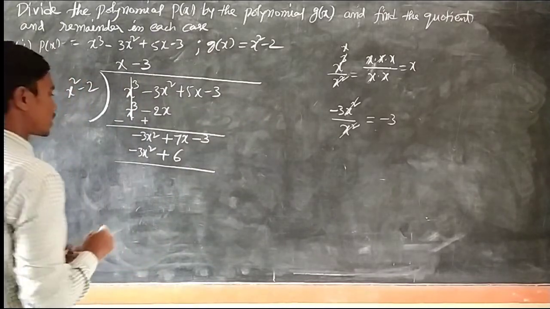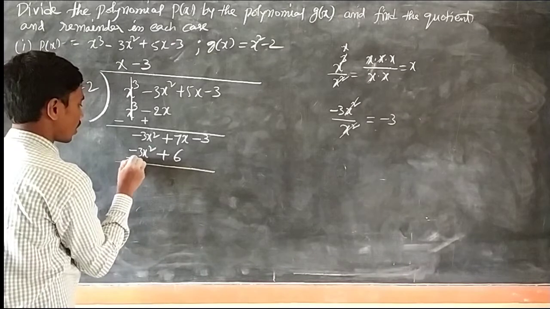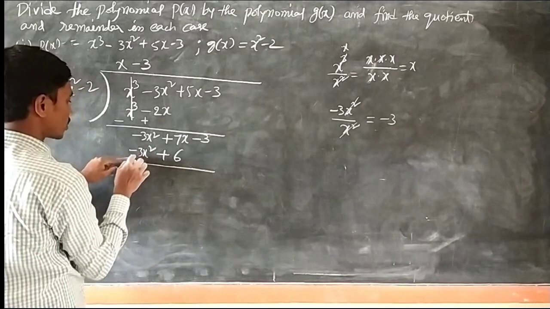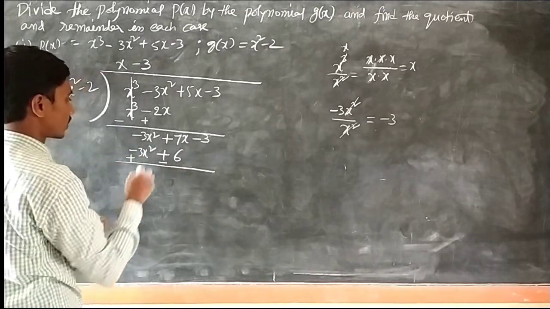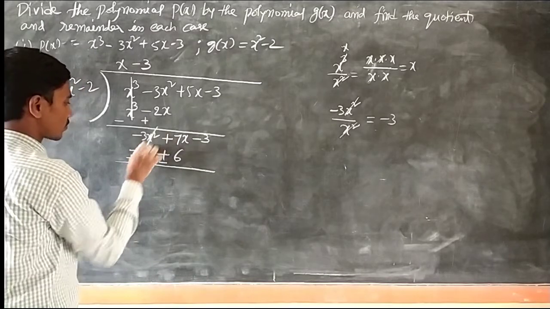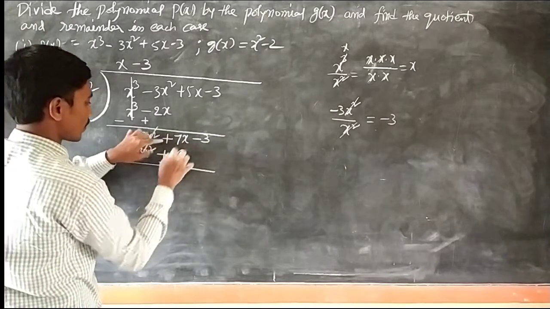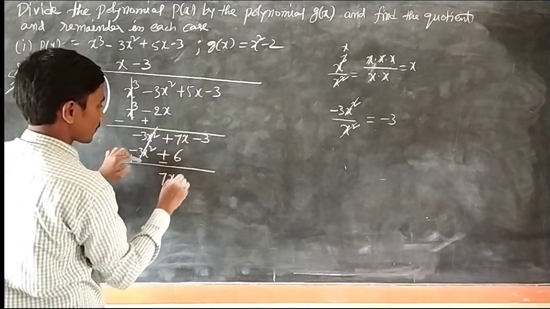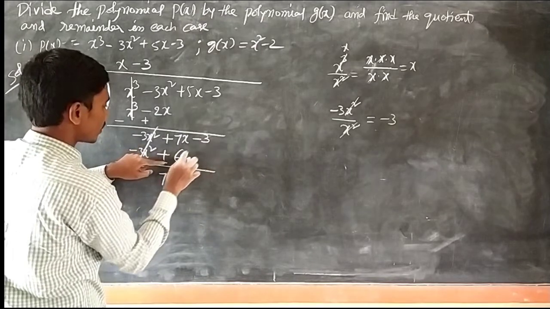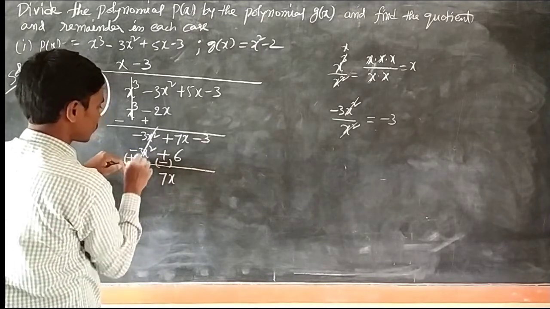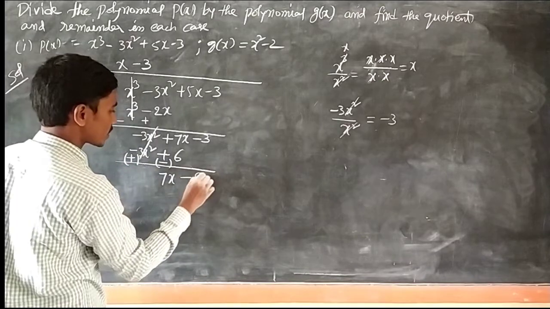On subtracting, the signs are changed. So minus becomes plus, plus becomes minus. Minus 3x square plus 3x square cancels, and 7x, there is no 7x. Next minus 3 minus 6 totally gives minus 9.